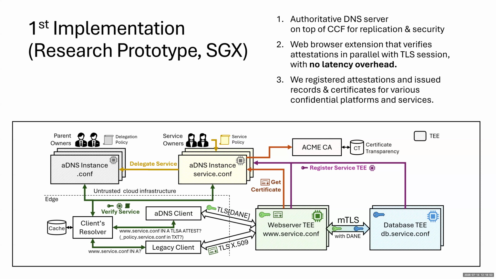So in this diagram, where's the verifier running? Because the evidence comes from the verifier. Here you have the ADNS client at the bottom. If it's an enlightened client as defined in the paper, it's getting the attestation over DNS, and so the verifier is running in the ADNS client.